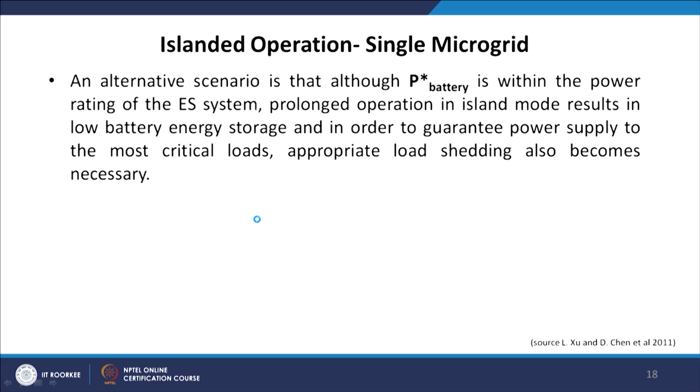Means if your battery is not able to maintain your load requirement, and to meet your load you have to reduce your SOC far below 10% or maybe close to 10%, it would be advisable to curtail some of the loads in the DC microgrid. Important loads can be protected, low priority loads can be curtailed, so that my battery need not discharge to a level below 10% at any given point of time.